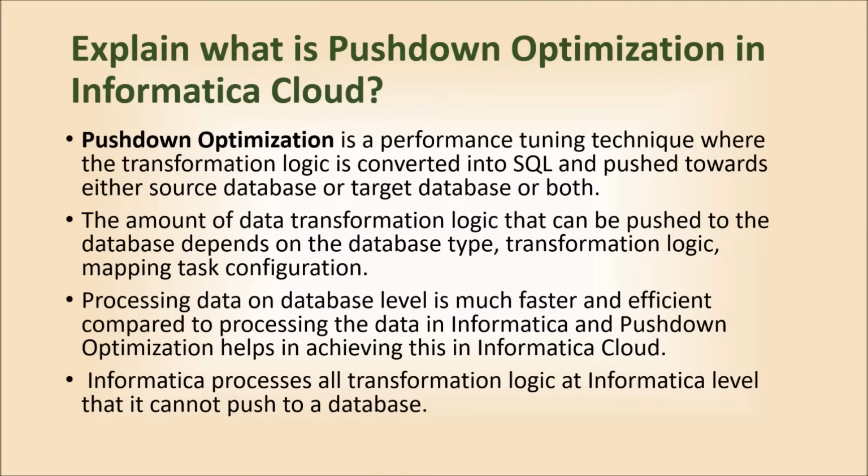So the amount of transformation logic that can be pushed to the database depends on the database type, transformation logic, and mapping task configuration. Whatever transformation logic is left after creating the SQL statements is not going to be pushed towards the database. Informatica is going to process that transformation logic at the Informatica level.